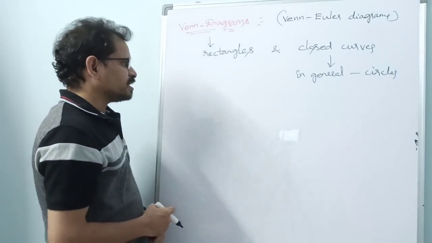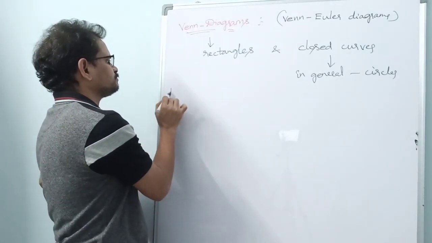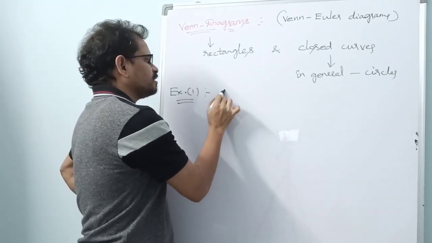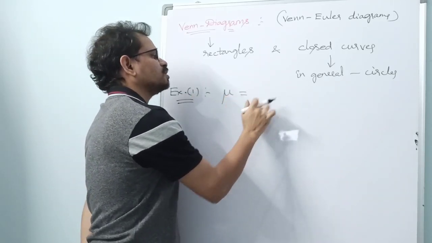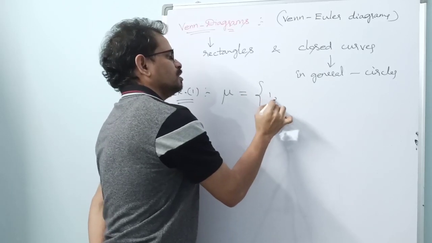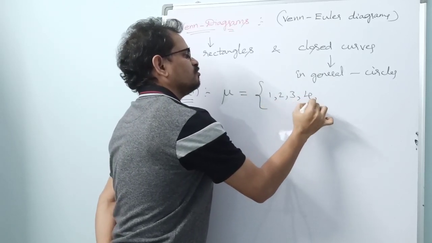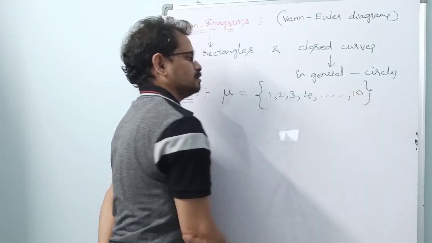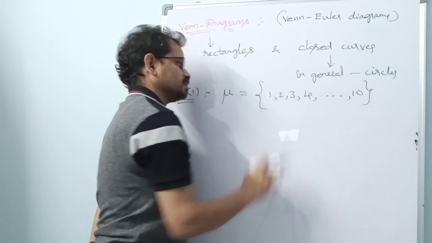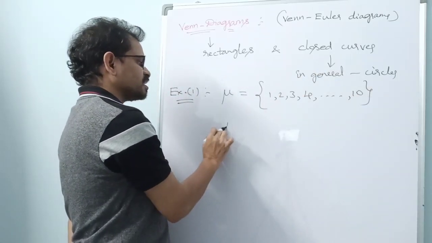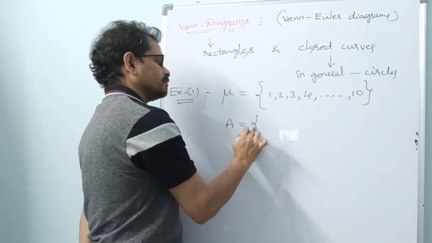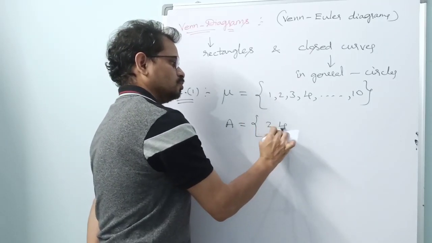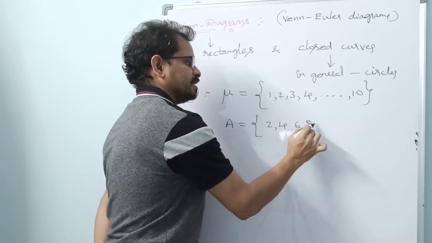Okay, let us take an example. Let us consider a universal set mu equal to 1, 2, 3, 4, so on to 10. So, 10 natural numbers. Let us consider a set A, all even numbers from 1 to 10: 2, 4, 6, 8, 10.